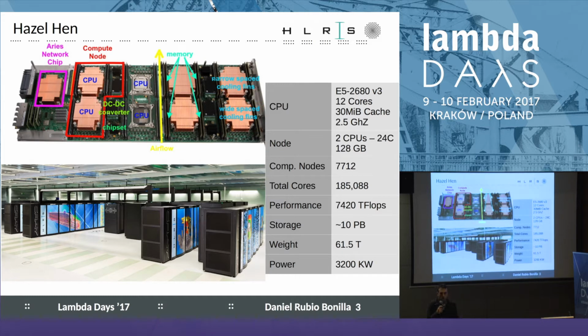The network is quite complex, so depending on how far you go in the communication between neighbors, you might need to go up to 3 different levels of network with different performances. And you need a very special big room to keep such a thing, because it consumes 3.2 megawatts, which you also have to cool down.